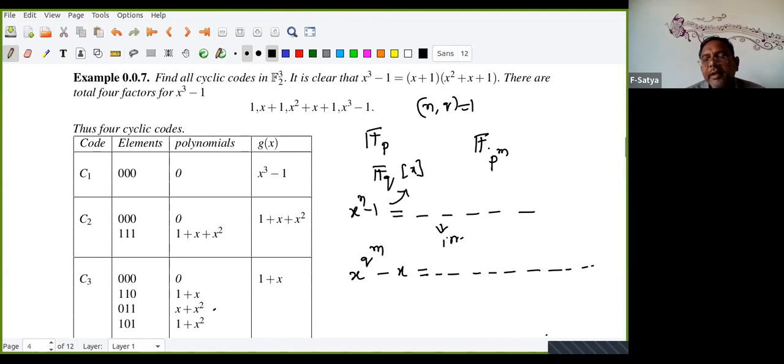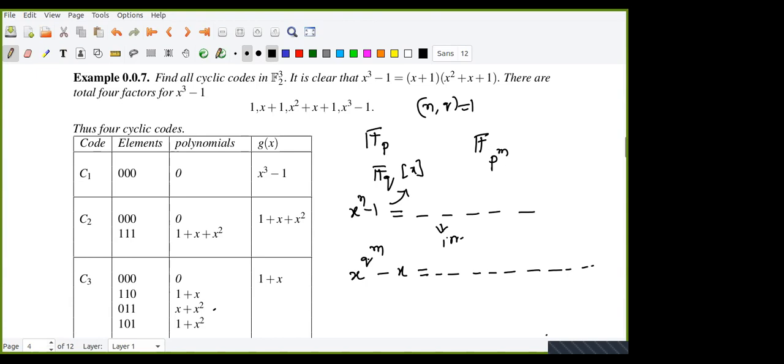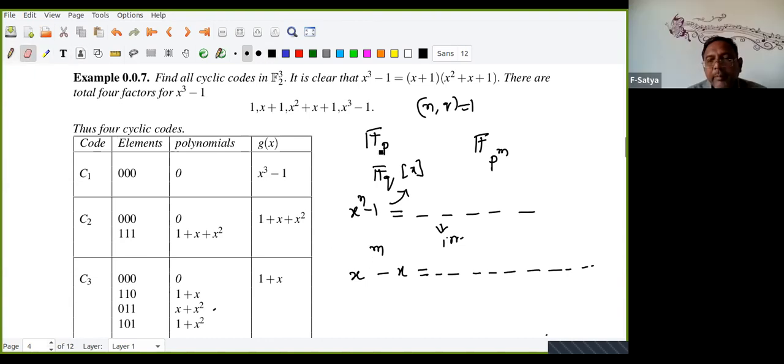F_{p^m} is exactly the roots of, it is a splitting field for some polynomial. Which polynomial? x^{p^m} minus x. Actually this can work for any prime power also.